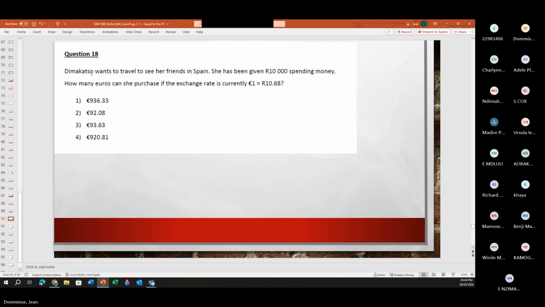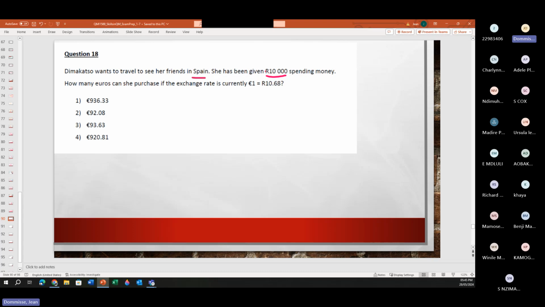So Makoto wants to travel to see a friend in Spain. She has been given 10,000 rand spending money. How many euros can she purchase if the exchange rate is 1 euro to 10 rand 68?